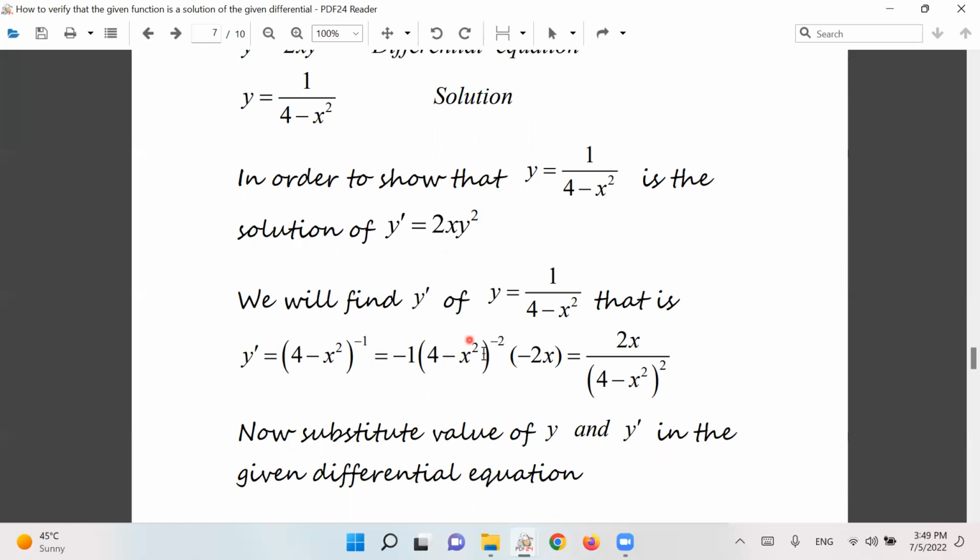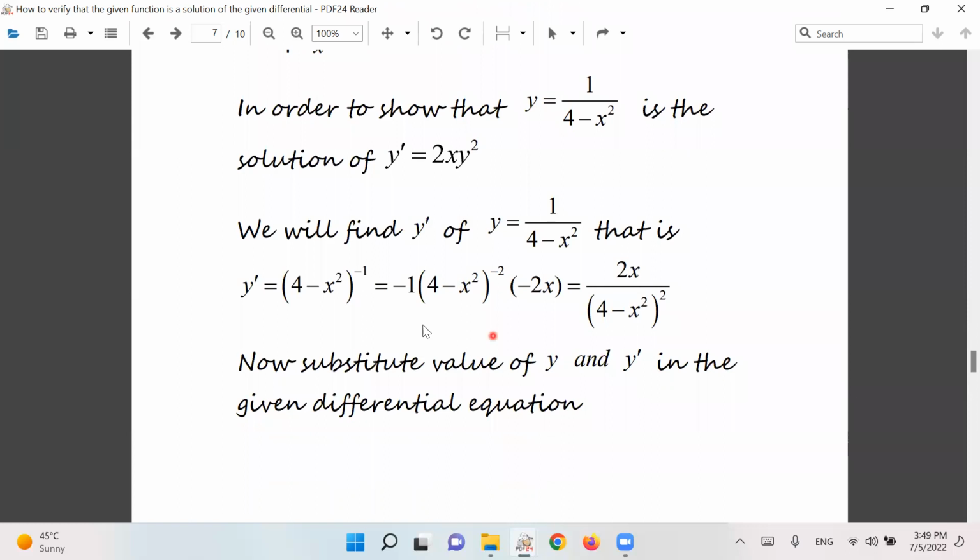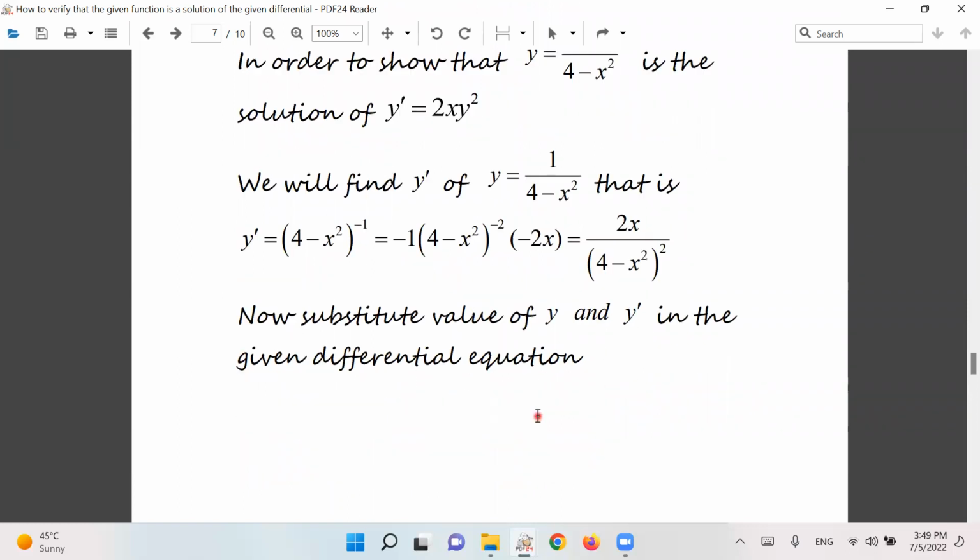And again we take the derivative of the base function, so it will be -2x, since the derivative of x square is -2x. We can write the function as 2x over 4 minus x square whole square. Now we are going to substitute the value of y and y dash in the given differential equation.